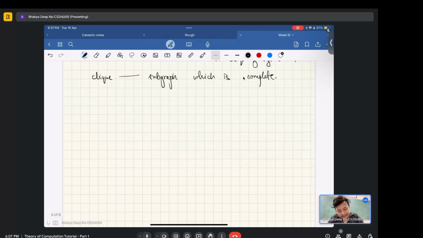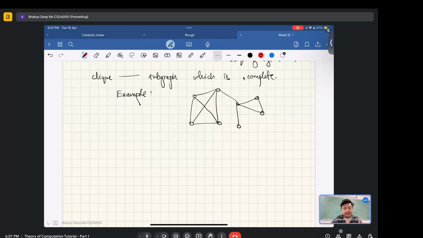What is an example of this? Yeah, so this graph: what is a complete graph?